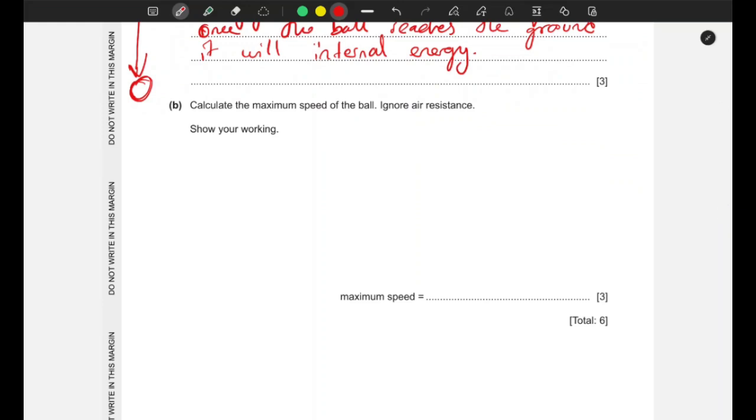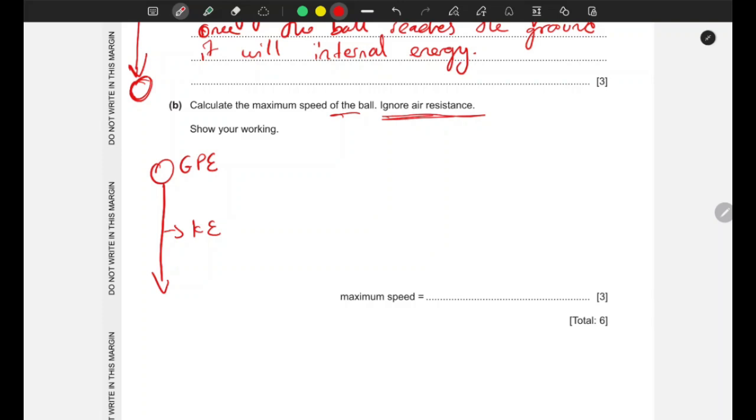Part B, calculate the maximum speed of the ball. Ignore air resistance. Show your working. All right. So what do we mean by the maximum speed? So as we know, when the ball is falling down, at the top it has the highest GPE, and in between it has the highest kinetic energy as the ball is moving down before hitting the floor.